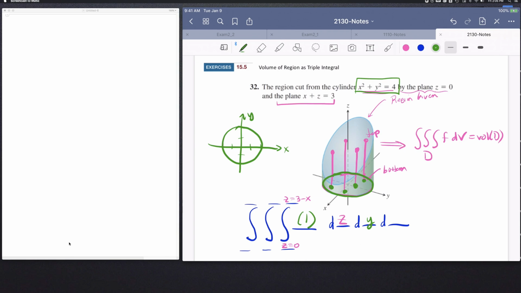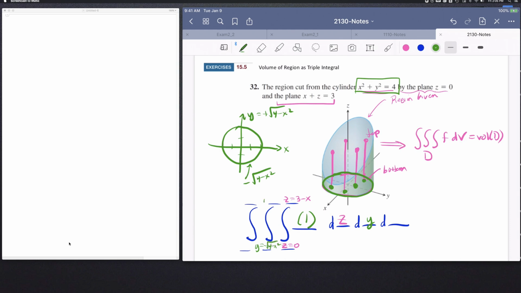Because the picture is showing us the whole circle, and we want the volume over every point, we need y to go from the bottom part of this circle, negative square root of 4 minus x squared, up to positive square root of 4 minus x squared. So there are the y limits of integration.